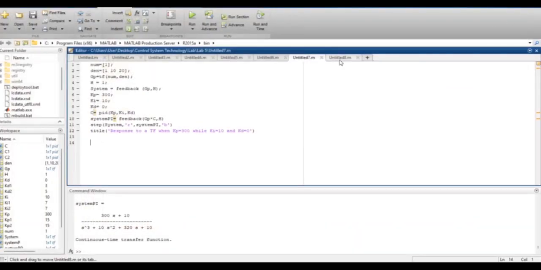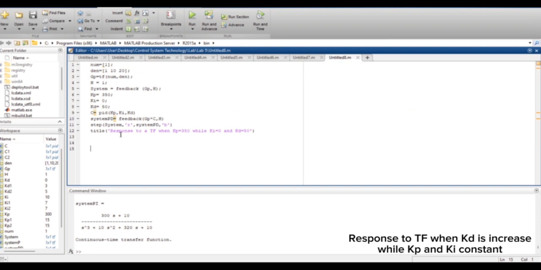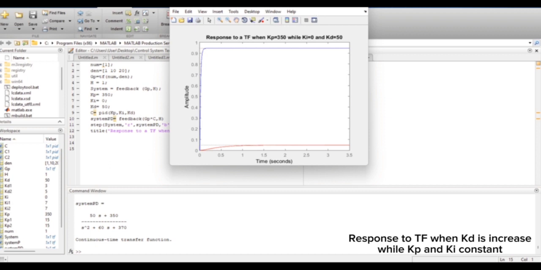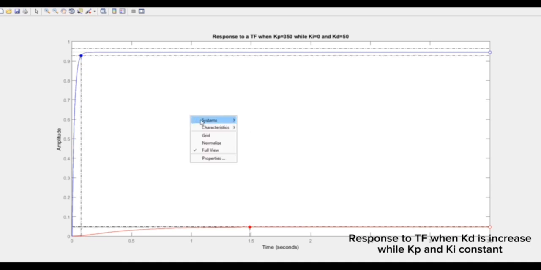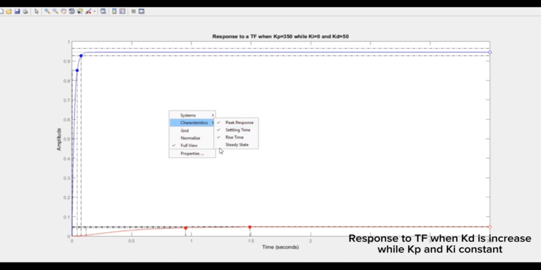Now let's move on to the last graph, which is the response to TF with KP equals 350 while KI equals 0 and KD equals 50. So this is the change here. Now just run the graph. I'll include the parameters again: the settling time, the rise time, and the steady state. I'll label it once again.